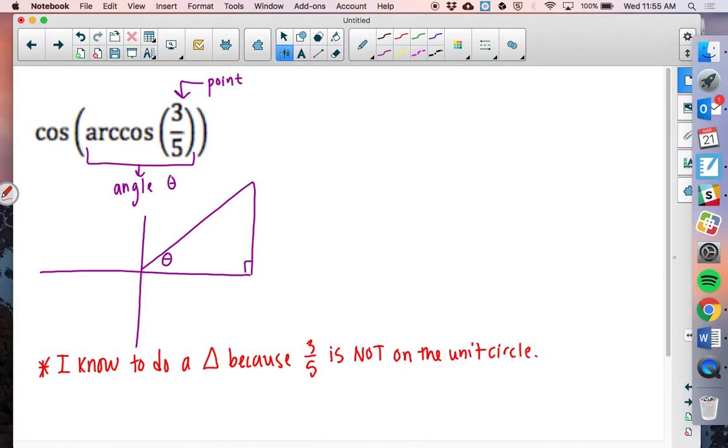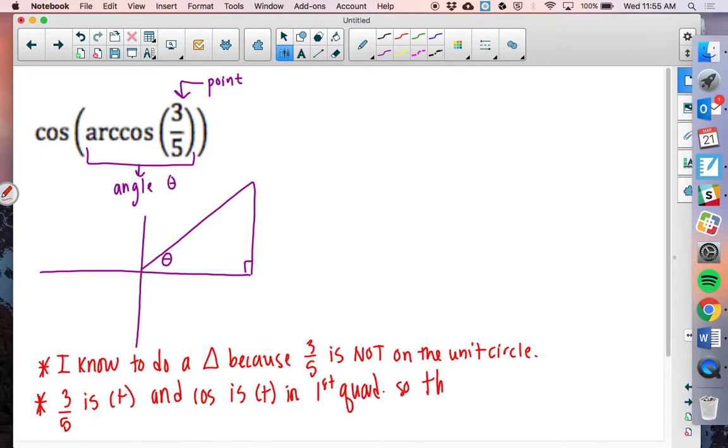So that's what tells me that it's a triangle problem. Second of all, 3 over 5 is positive, and cosine is positive in the first quadrant. So that's how I know to draw the triangle in the first quadrant.